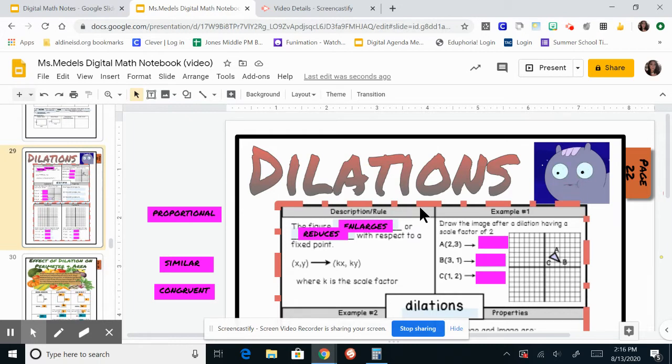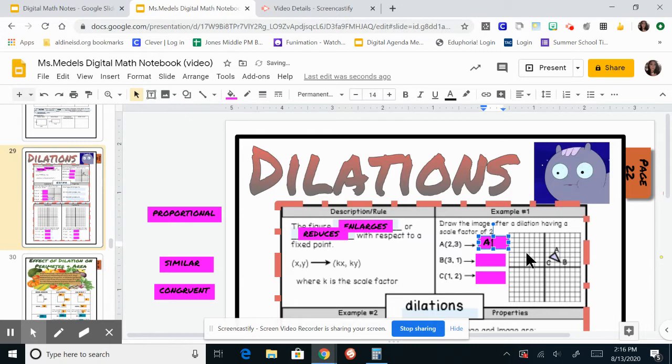Okay, so let's look at example 1. It says, draw the image after having a dilation, keyword multiplying, having a scale factor of 2. So I'm going to take A and dilate that, and to represent the new A, you're going to put A prime.